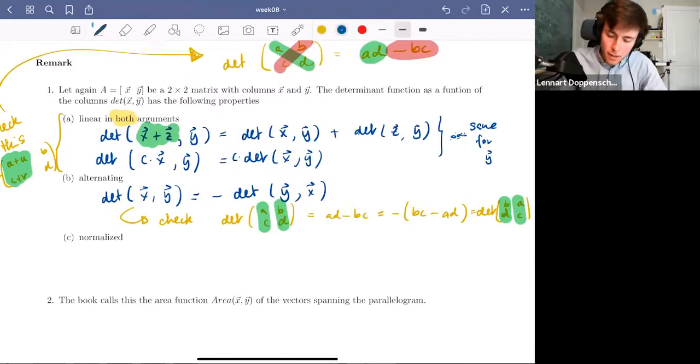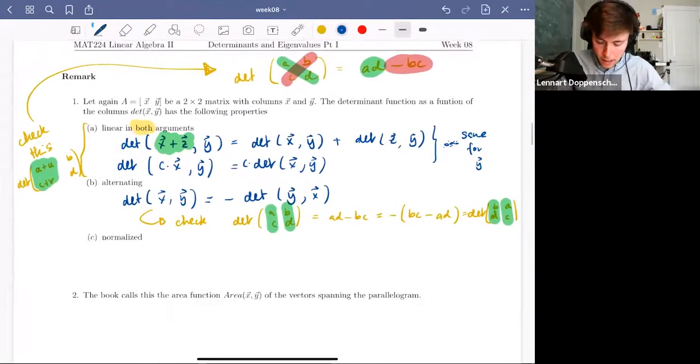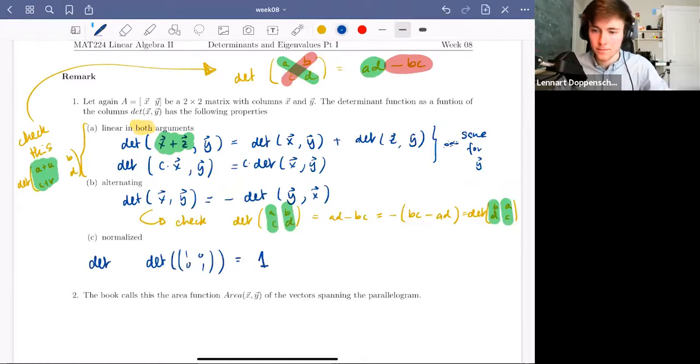And finally, the last property just means normalized. Well, the determinant of the identity matrix, which is just this matrix with ones in the diagonal, is equal to 1. So this should be 1.